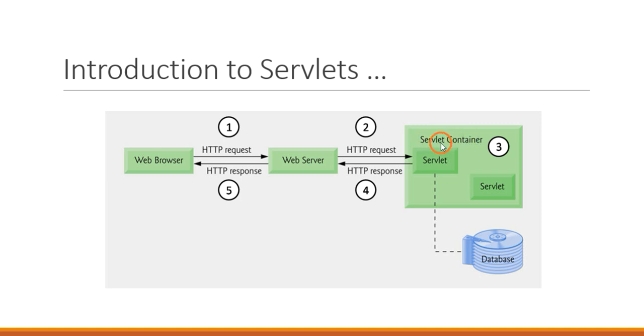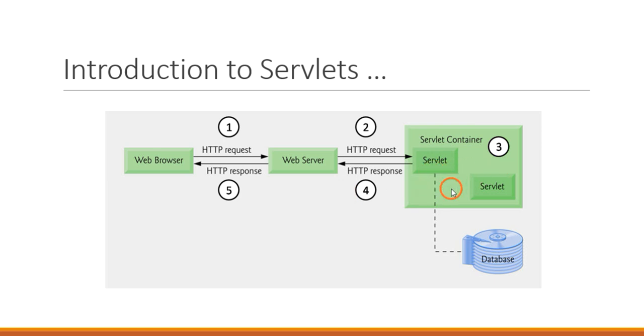Okay, now the web server identifies that your request needs a servlet, and it forwards the request to another server which contains a servlet container. Okay, so for example, in this video, previously I have told you that there is something called Apache Tomcat Server, right? So what Apache Tomcat Server does is it provides something called a servlet container. Okay, so it's software which is required for executing servlets.